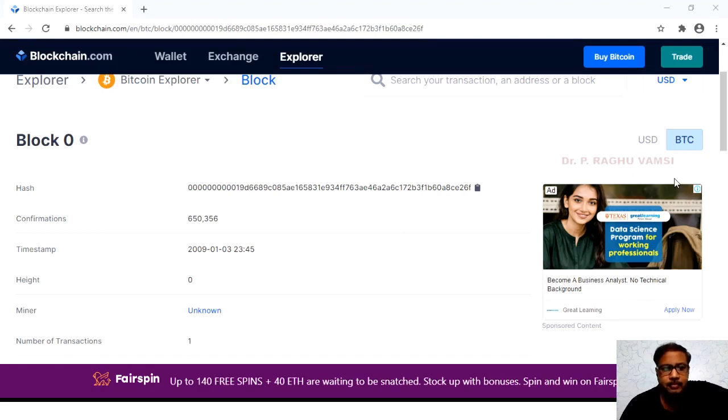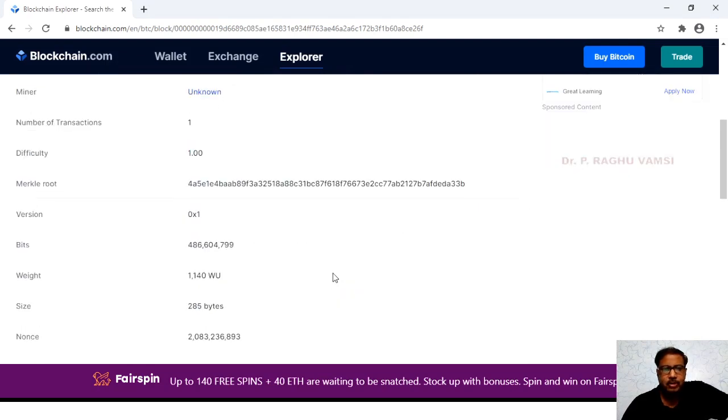So this is block 0 of the Bitcoin blockchain. Let us inspect this block 0. The initial block is said to be the genesis block, which is the starting block.